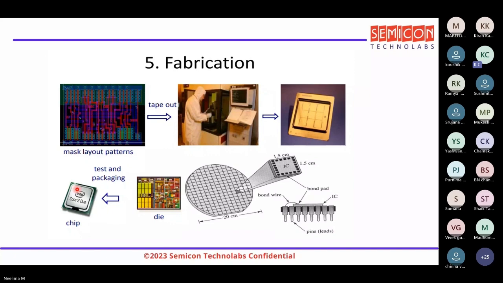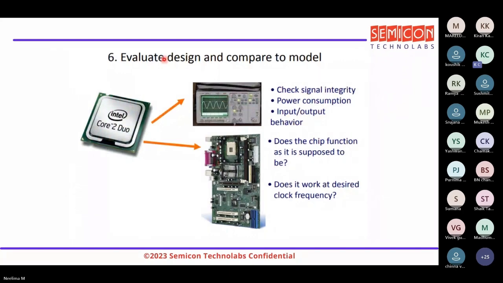And finally, before you send it to the outside world, this Intel Core 2 Duo, this is just one example, has to be tested, right? You might have seen some of the chips marked as tested, with that symbol, right? What does it mean? We don't want to send any damaged chips to market.